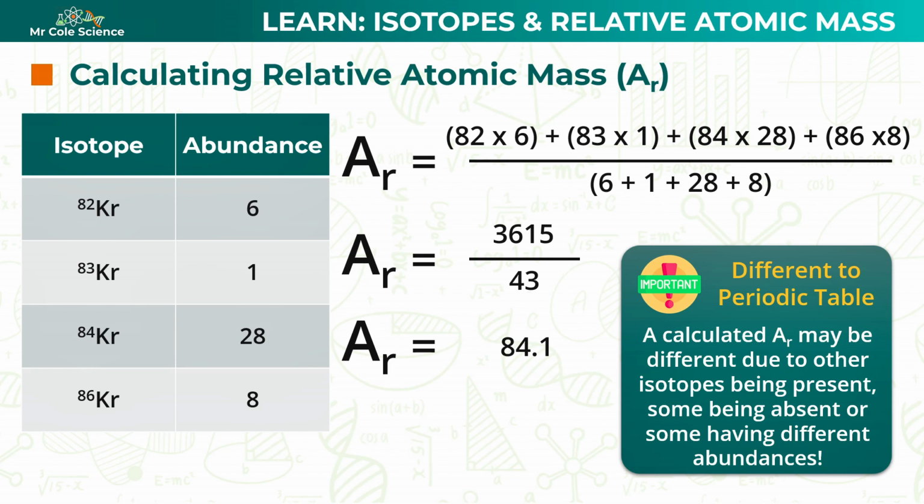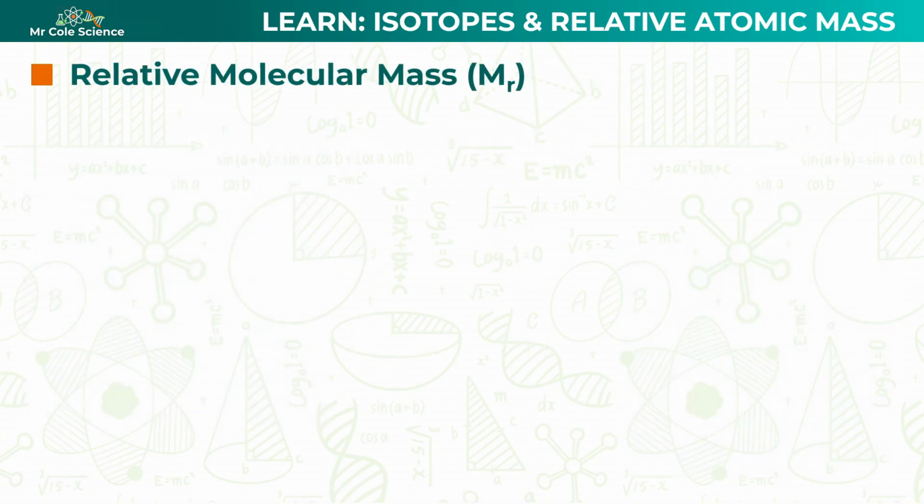So now that we've seen how relative atomic mass takes isotopes into account, let's move on to how we use those values. Every substance, whether it's a simple molecule or a giant ionic lattice, is made up of atoms. And since each atom has its own relative atomic mass, we can work out the total mass of a whole molecule or formula unit by simply adding them together.